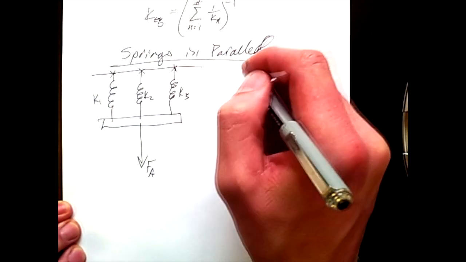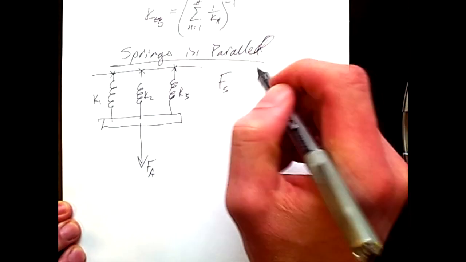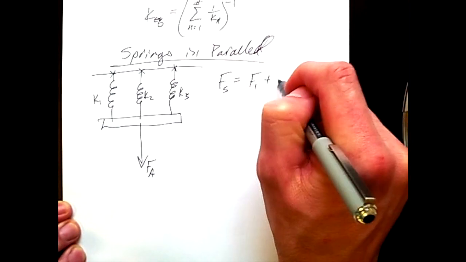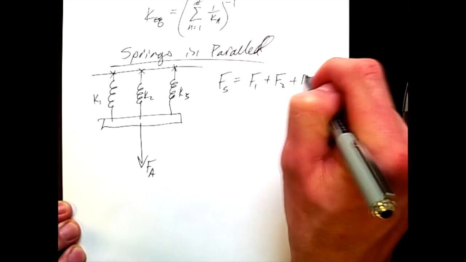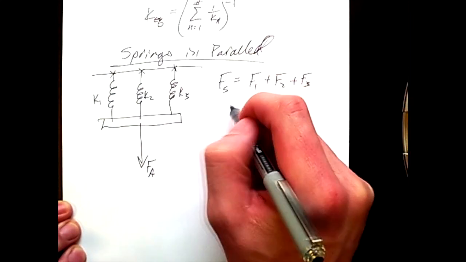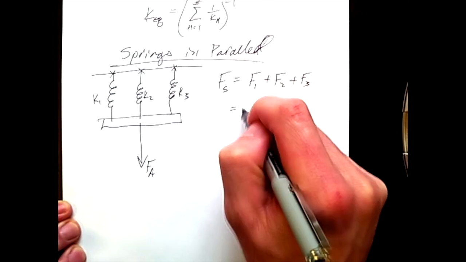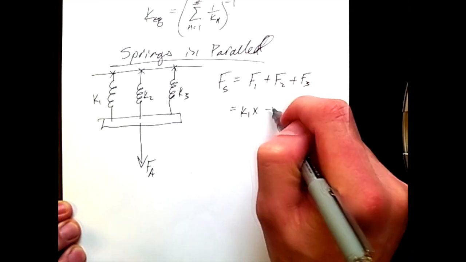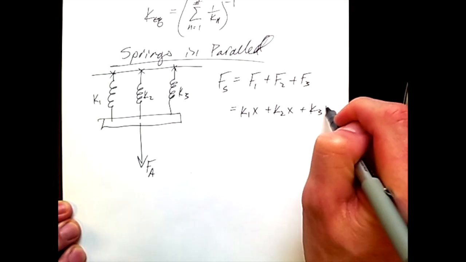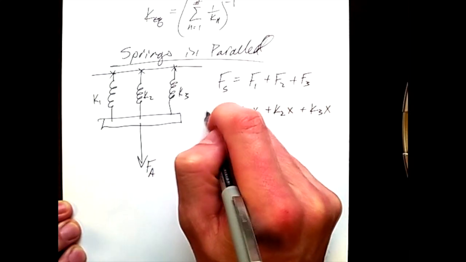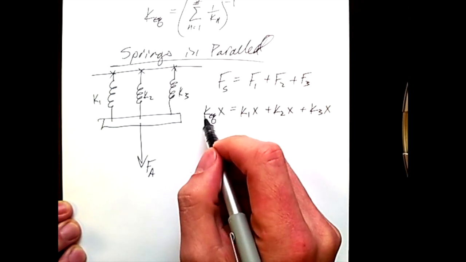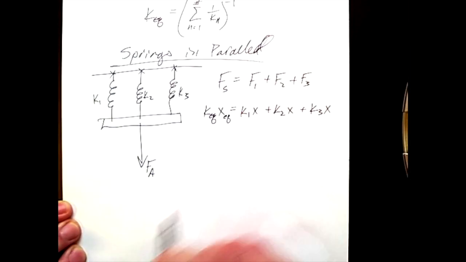So we can describe the overall force of the spring as being a combination of F1 plus F2 plus F3. But now what we see is that if we expand out the formula here, we have k1 times x plus k2 times x plus k3 times x. Now remember, we're trying to find the equivalent spring constant, and F_s is equal to the equivalent spring constant times the equivalent displacement.